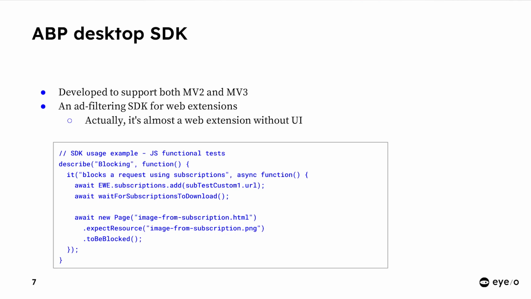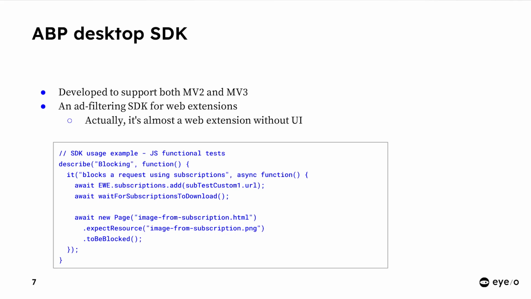So a bit more context. The SDK was developed to support both Manifest v2 and Manifest v3. So that was happening on the extensions side. The SDK is an ad filtering SDK for web extensions.